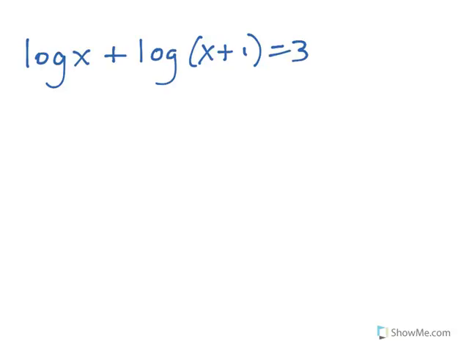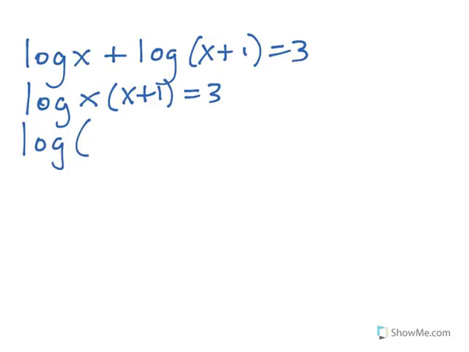I see that I have 2 logs that are added, so I'm going to do my squish with multiplication. Log of x times x plus 1 equals 3. And I'll use a little distributive property to clean that up, so log of the group x squared plus x equals 3.